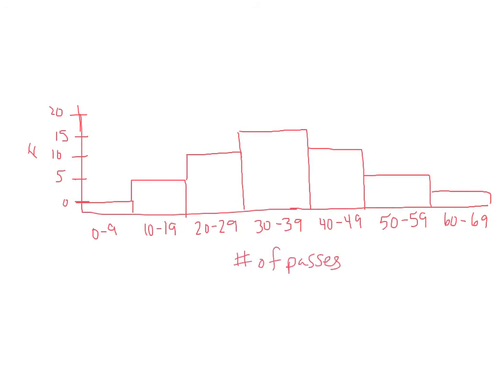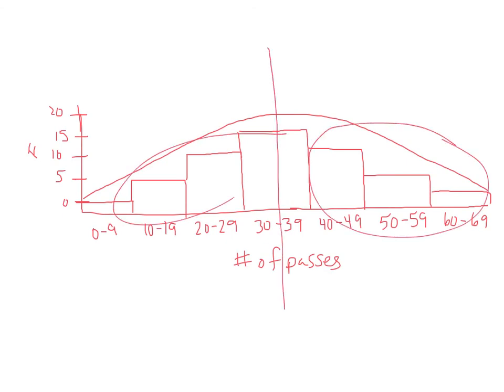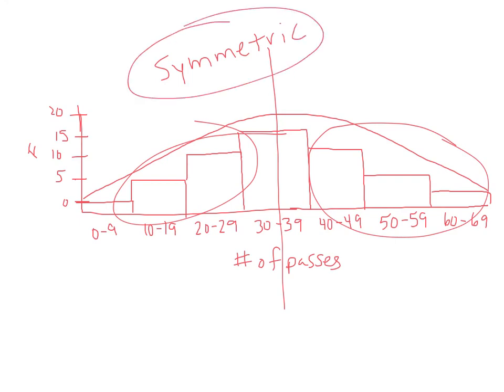Trying to figure out what the shape of the distribution is, if I draw my line and see what pattern is showing, it looks like I could draw a line right down the middle, and there'd be a mirror image on each side, so that would make it symmetrical. That would be your answer for something like that. So it's a pretty easy concept. You're just figuring out what that shape is showing you about the type of distribution.